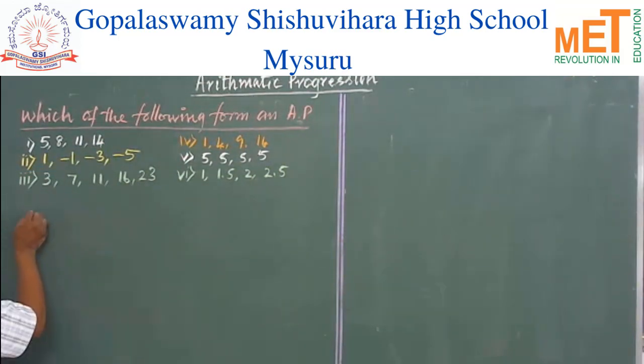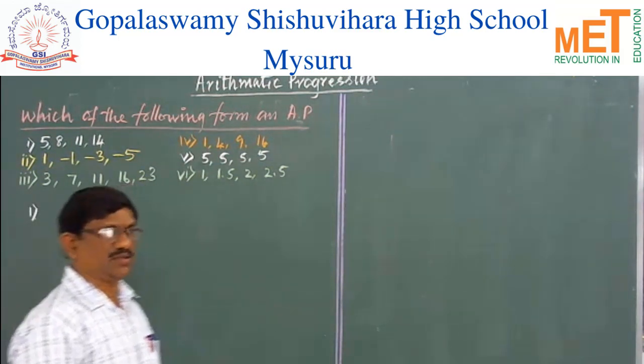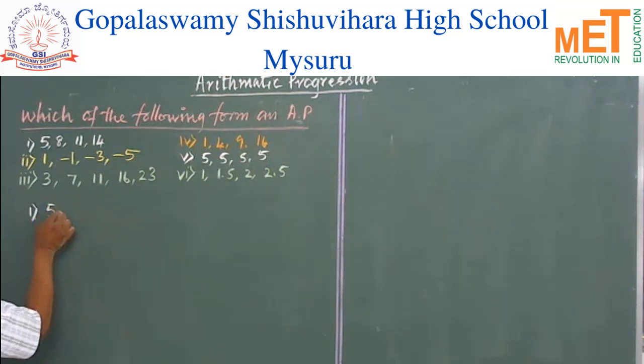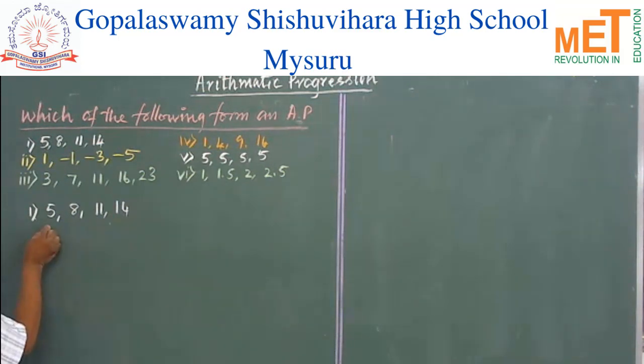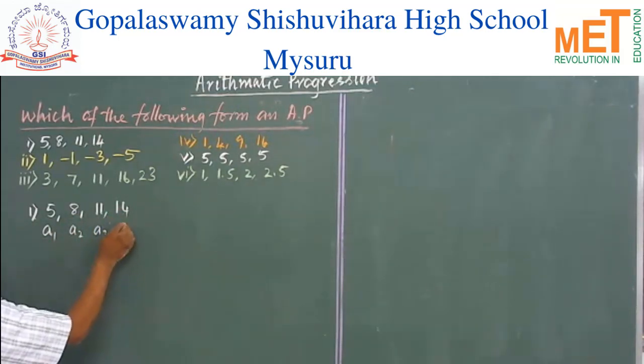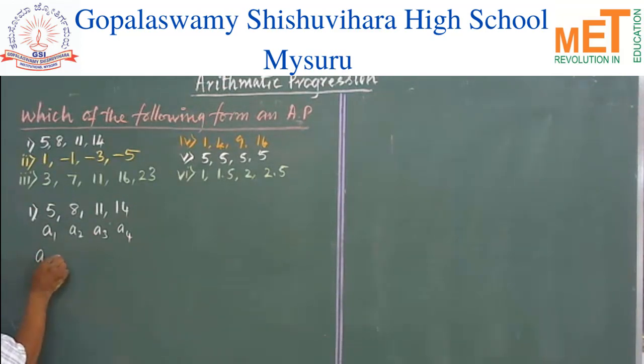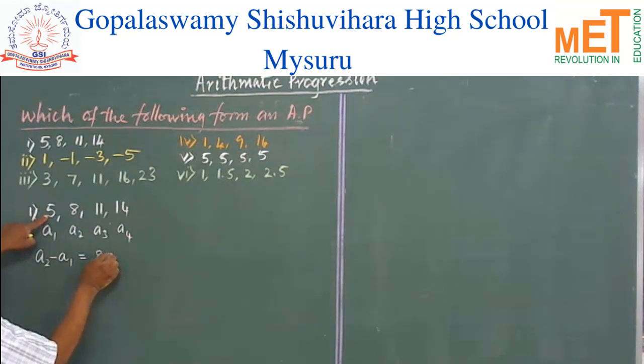In the first case, you copy it quickly. 5, 8, 11, 14. Here the first term a1 is 5, a2 is 8, a3 is 11, a4 is 14. So to find out the common difference, a2 minus a1 is equal to 8 minus 5, which is equal to 3.